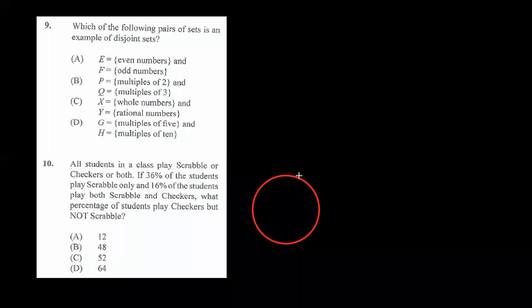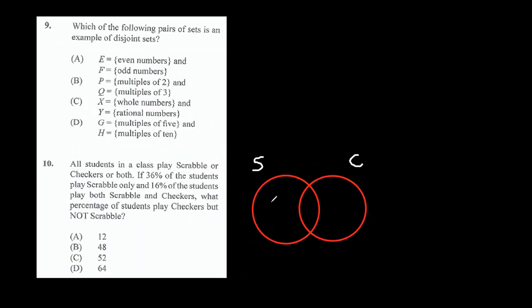So they say that all students play stuff. So 36% play Scrabble only. That's S for Scrabble, C for checkers, 36 play Scrabble only, and 16% play both Scrabble and checkers.